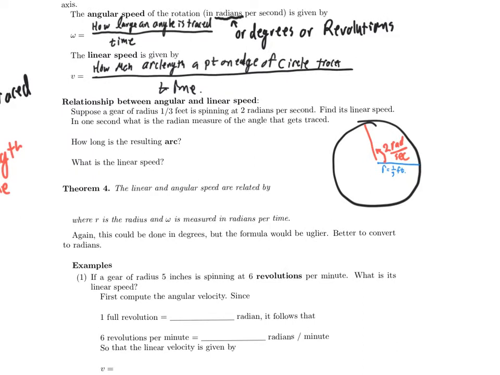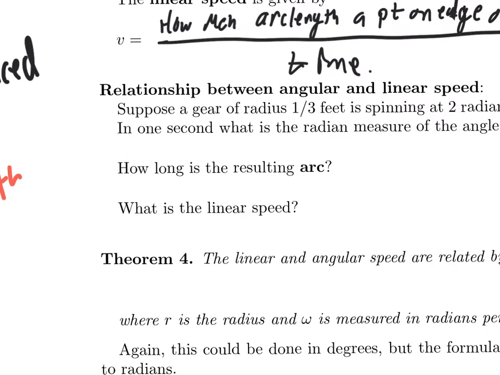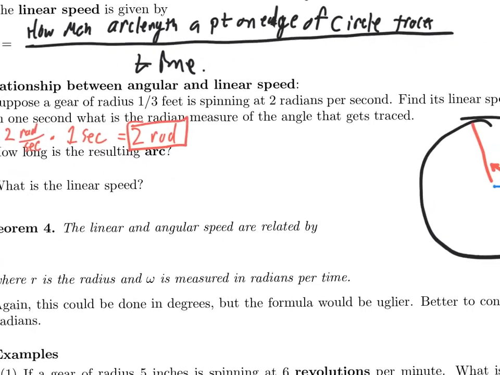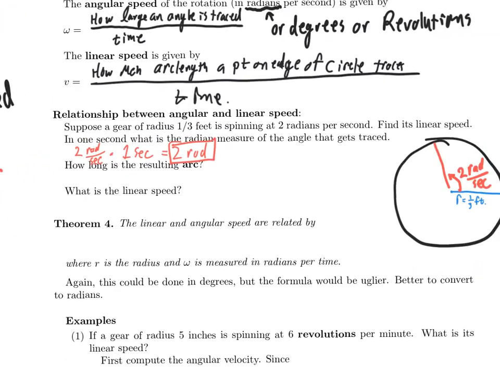So in 1 second, what's the radian measure of an angle that gets traced? Well, if it's spinning 2 radians per second, you wait for 1 second. 2 radians per second times 1 second is just 2 radians. So in 1 second, you trace out an angle of 2 radians. How large is the resulting arc?